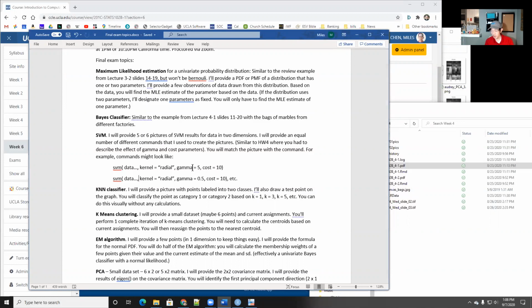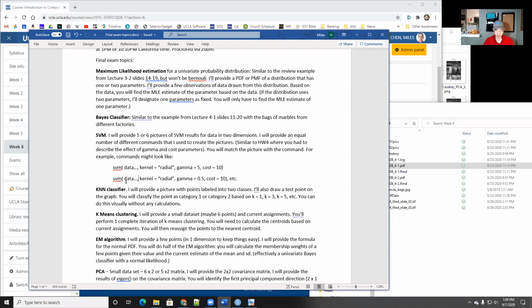There's not going to be 9 like the homework, because that would seem arbitrary to match up perfectly. There'll probably be 5 or 6 pictures and 5 or 6 commands, and you'll line them up. If you're not sure, you can hedge your bets and use the same answer for more than one answer. But it'll be a match of the command with the resulting picture.